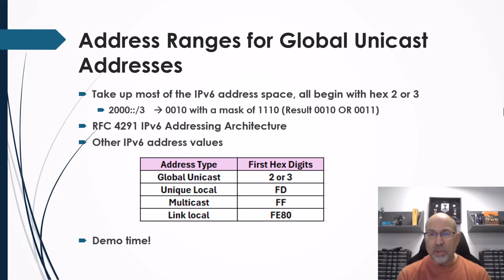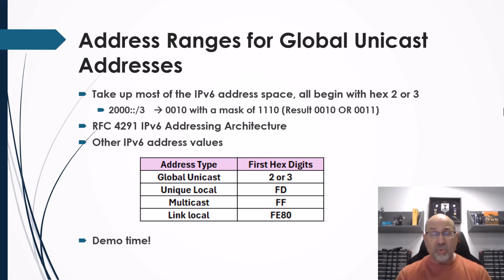Unique local unicast, those begin with FD, or Foxtrot Delta. Any multicast address in IPv6 begins with FF. And then link-local addresses, addresses that you're going to use on this network, begin with FE80. So those are dead giveaways of the kind of address that you're dealing with.